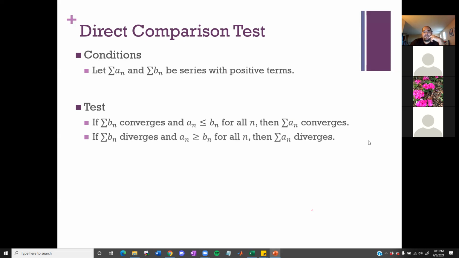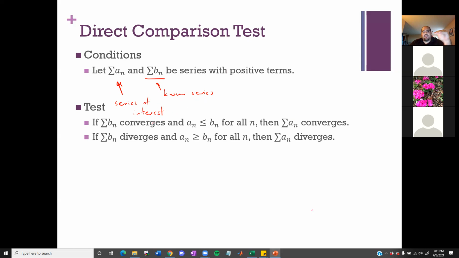And the other side of this is, let's say this is a known series, and this A sub n is what I'll call the series of interest. Probably the one I asked you about. So really, if I can bring in this known series, which is probably simpler, then I can use it to make these conclusions about my series of interest.